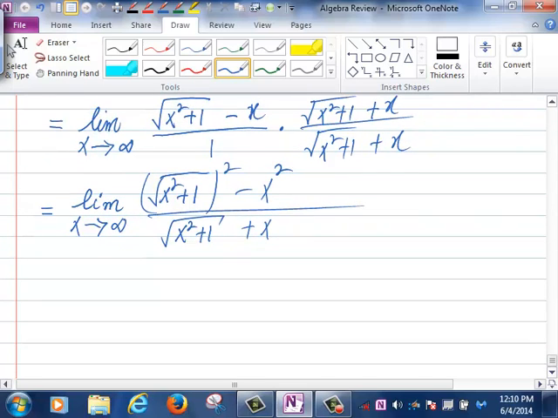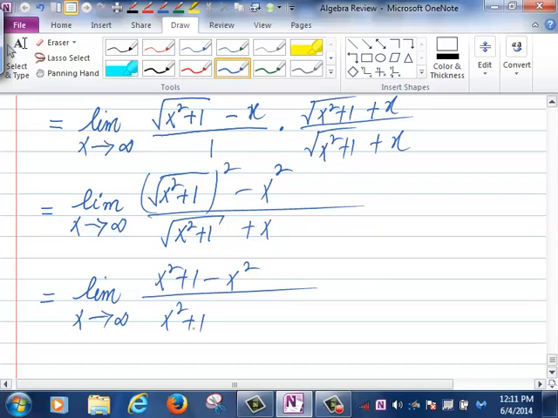Everybody's okay? What am I getting on the numerator then? I am getting x squared plus 1 minus x squared over the root of x squared plus 1 plus x.